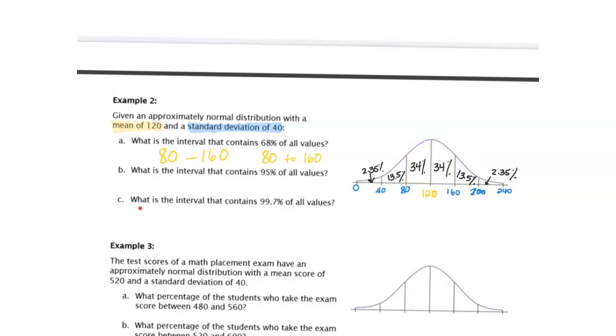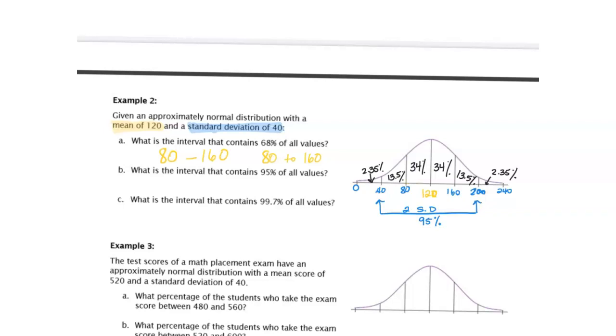The next question asks, what is the interval that contains 95% of all values? If we were to go back to our notes, you should recall that 95% of your values falls within two standard deviations of the mean. So that means if we're at the mean and go two standard deviations to the left, 1, 2, and two standard deviations to the right of our mean, 1, 2, then this space in between these two numbers is two standard deviations, which is also known as 95%.